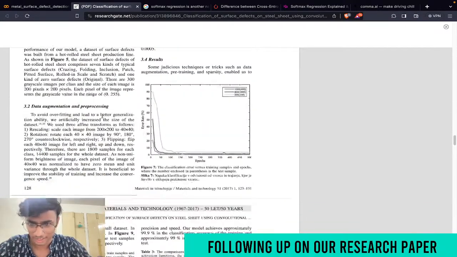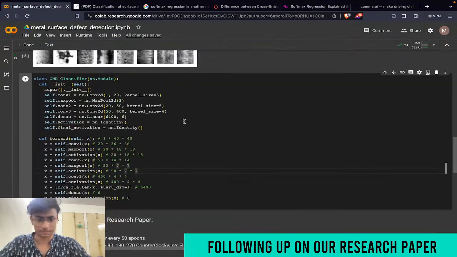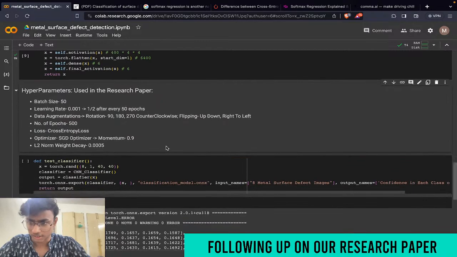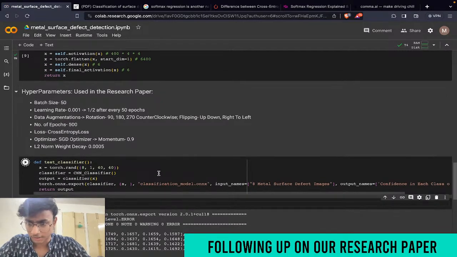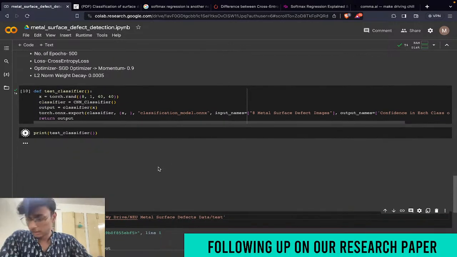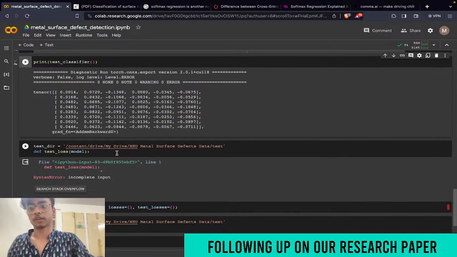Let's just work with this. The model works. Let's test our model. It prints a result, so it means it works without any error.